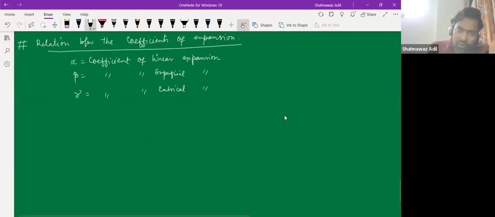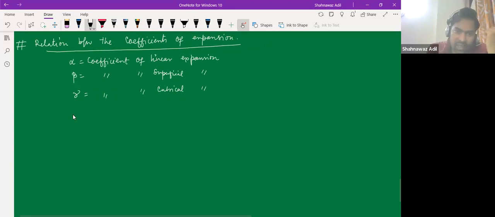So we saw that area is length squared. The dimension of area is length squared. And we will see from another example also how this is related. What do we know?